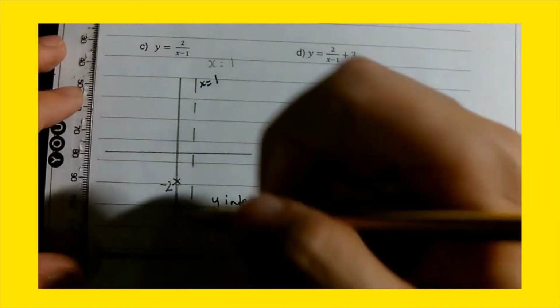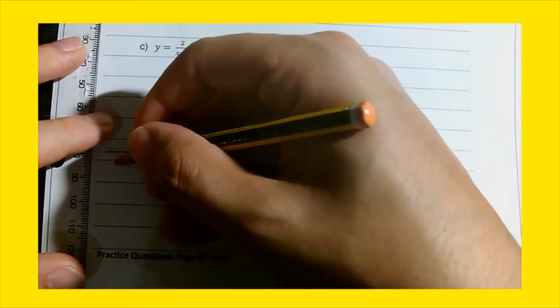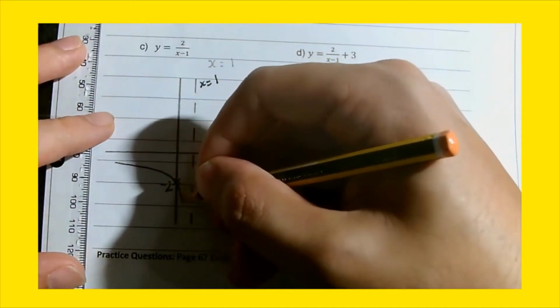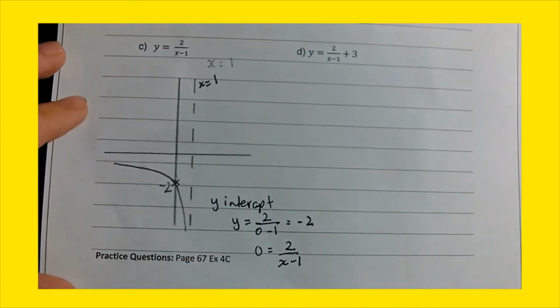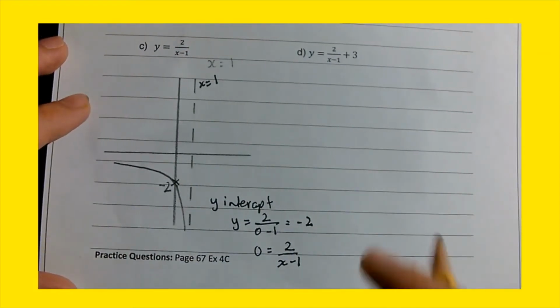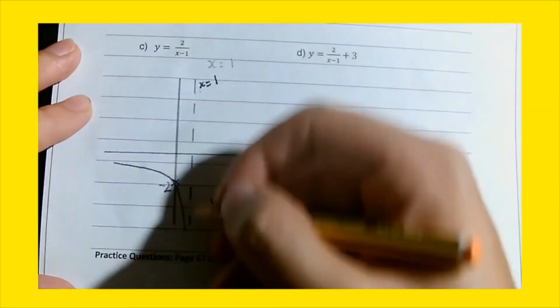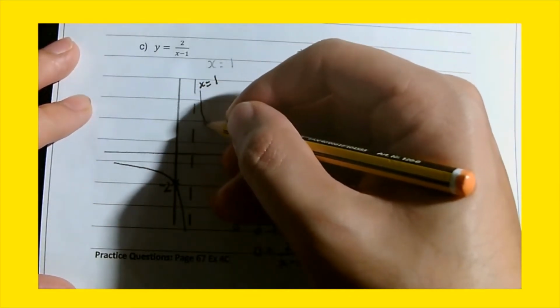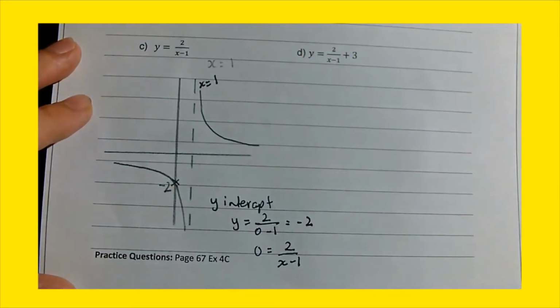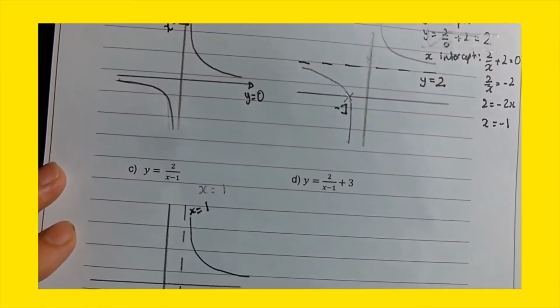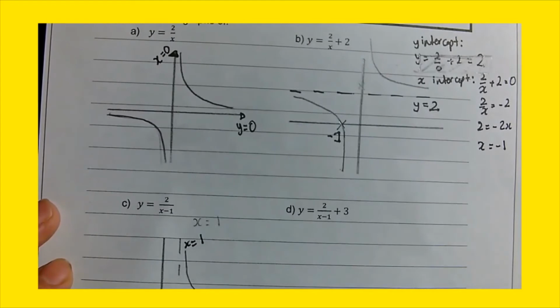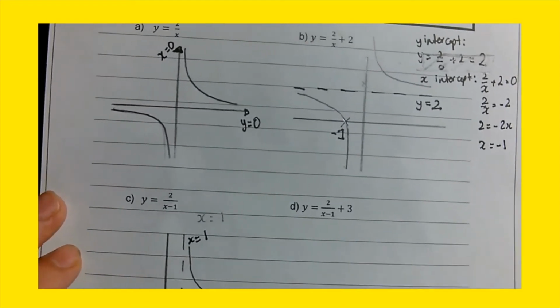Okay, so what we're going to have is a situation that looks like this. That section of the graph is going to look like that, and because that's the asymptote, the other section will look like that. And if you think about it a bit more, what's the difference between 2 over x and 2 over x minus 1?